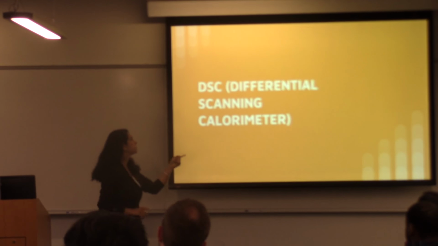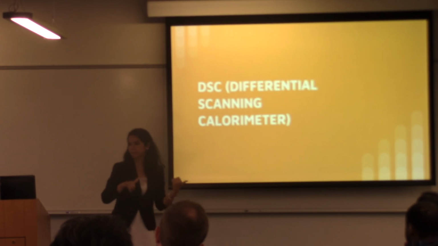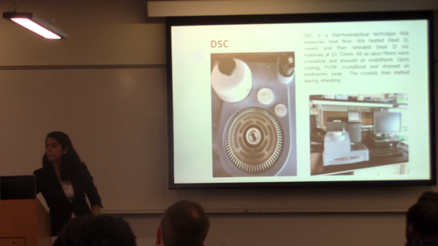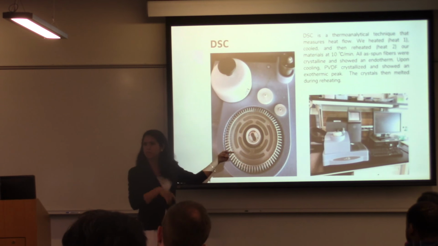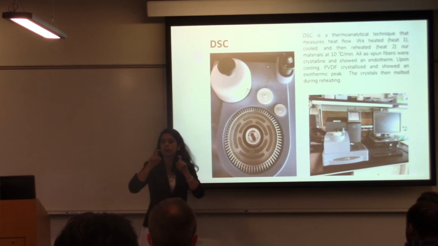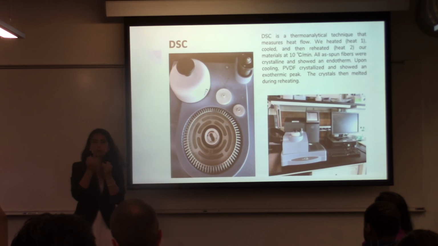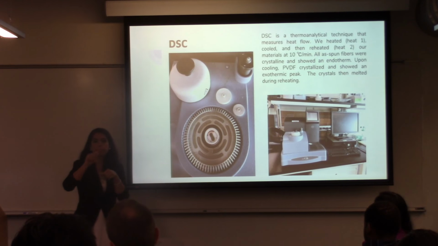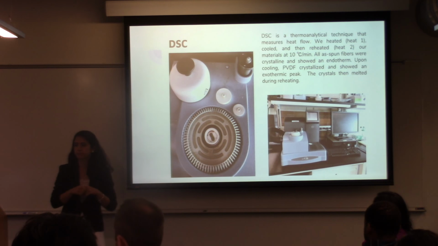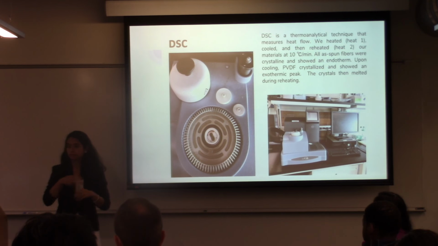I also worked on an instrument and a technique, which is the differential scanning calorimeter. So this is an illustration of it. We're testing, again, materials under temperature. We heat using a sample and a reference within this instrument.